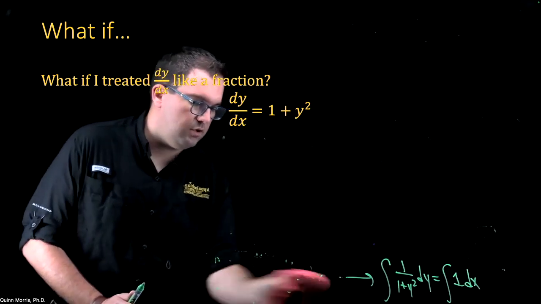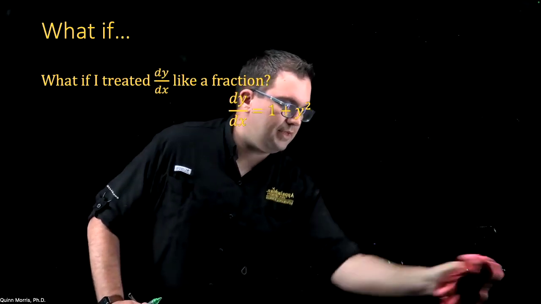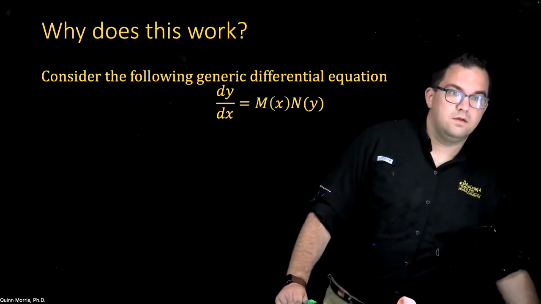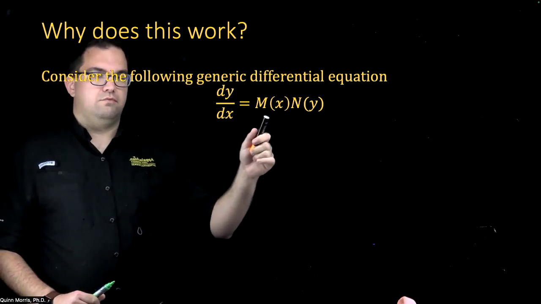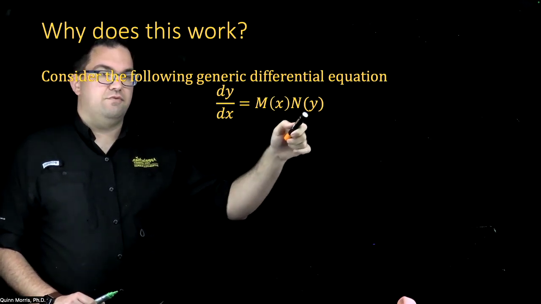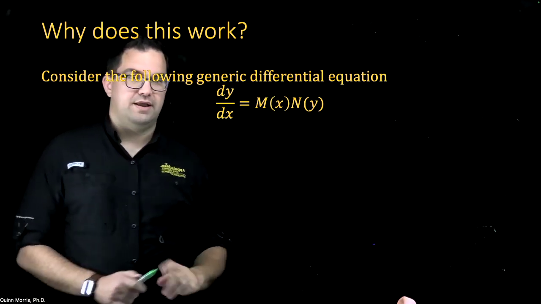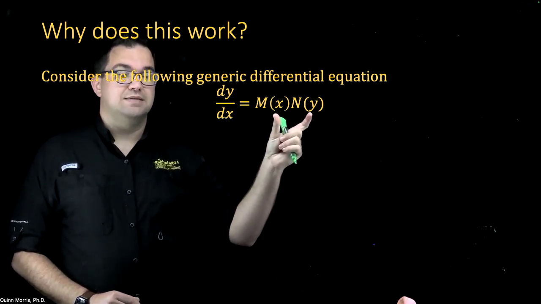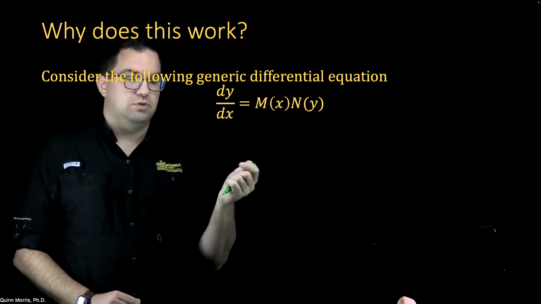We've seen that this works for this particular problem, but we can do this anytime we have a differential equation that's in the form dy dx is equal to some x stuff times some y stuff. So this is what we call a separable ordinary differential equation. In this case, our right-hand side is a product of a function that depends only on x and a function that depends only on y.